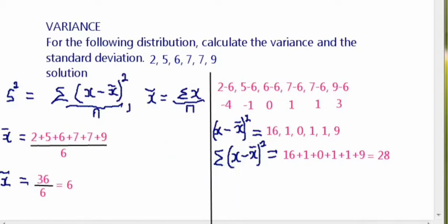The next thing we do is compute our variance. Remember that our n is equal to 6. From the distribution, when you count the numbers, n is equal to 6.